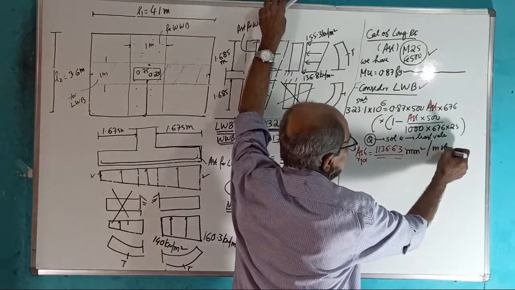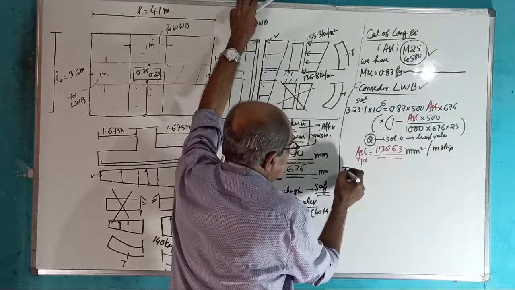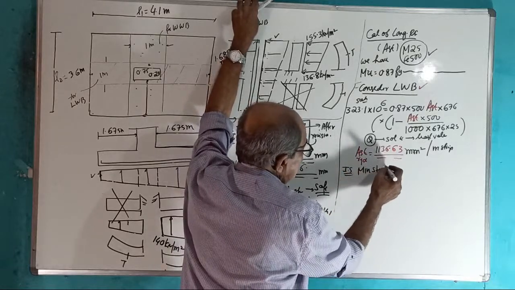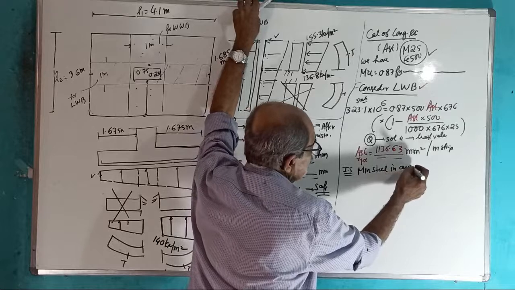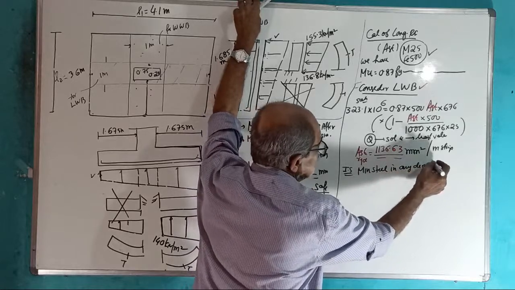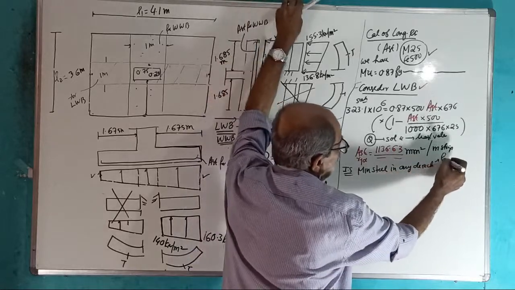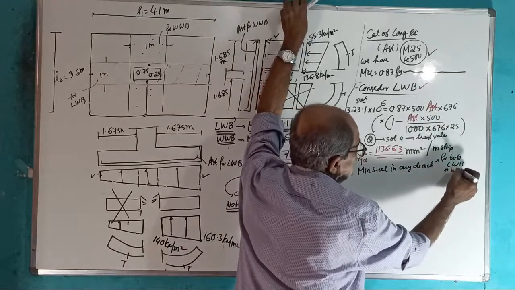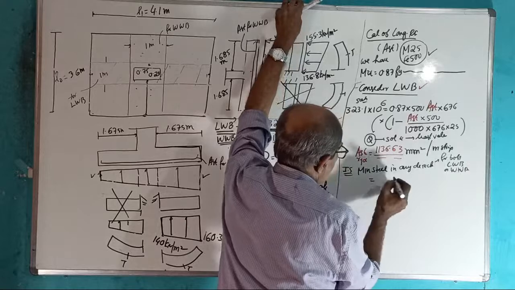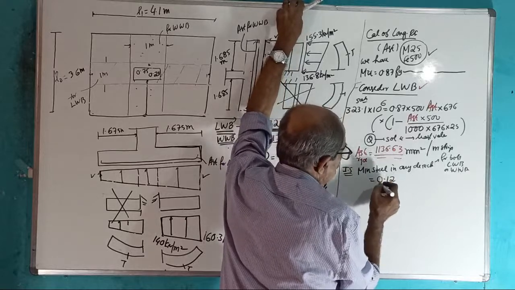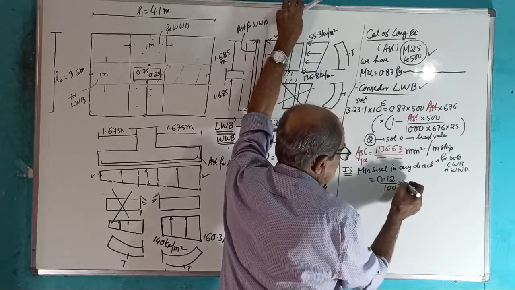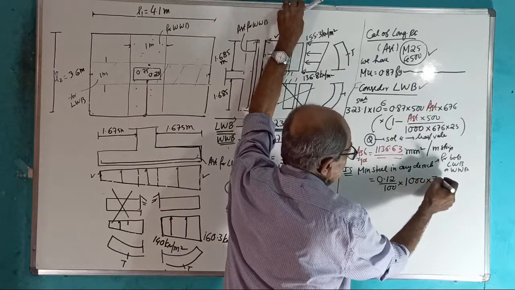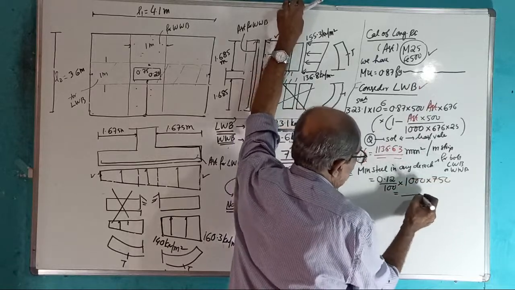Now, as per IS code, minimum steel in any direction, that is for both lengthwise bending and widthwise bending, is equal to 0.12 by 100 into B, which is 1000, into D, which is 750. I am not explaining what is going on.